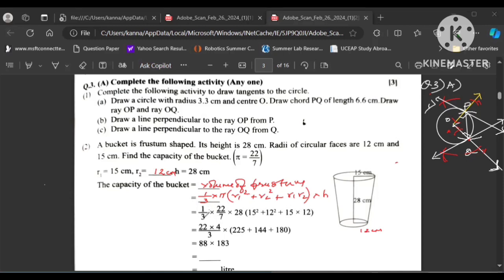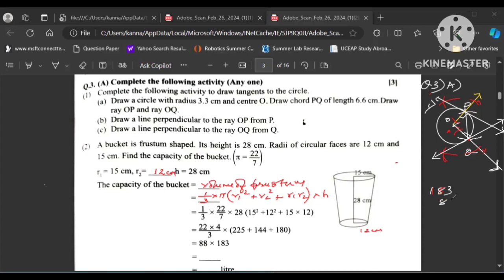When you add all this, you get 183, and multiply. Cancel, 88 into 183. You can easily do this calculation.